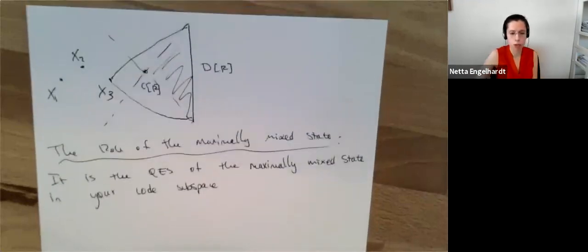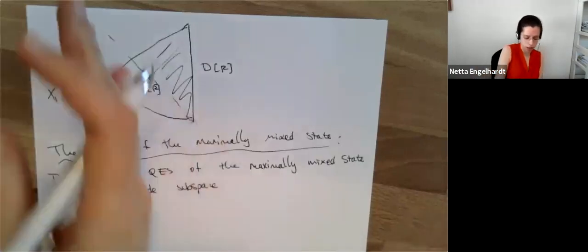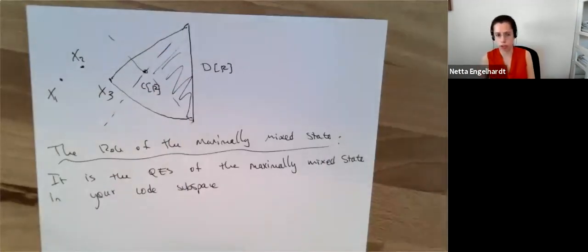So what you want to ask is, what is the outermost quantum extremal surface? Put differently, which quantum extremal surface is contained in the entanglement wedges of all the other quantum extremal surfaces? Now, you might have been concerned and said, how are you guaranteed that there even is one?